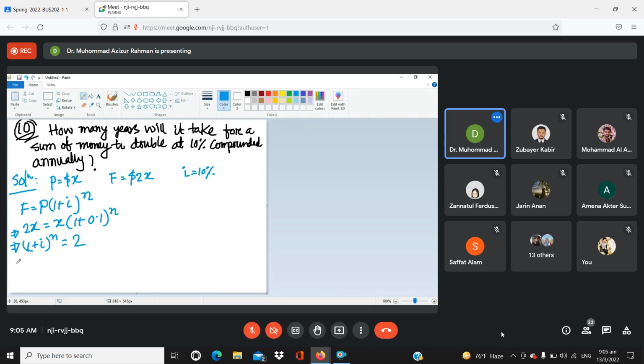If we take ln on both sides, N ln(1 + I) equals ln 2. So N equals ln 2 divided by ln(1 + I). I is how much? 0.1, since 10% means 0.1.